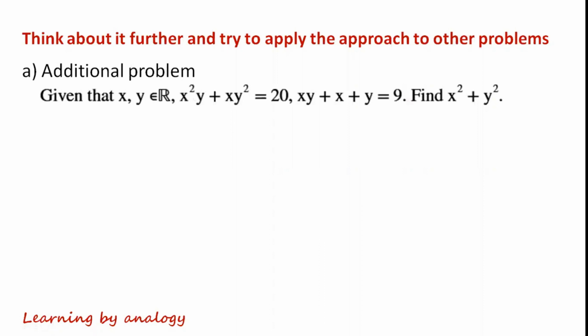Given that x, y are real numbers, x squared y plus xy squared equals 20, and xy plus x plus y equals 9. Find x squared plus y squared.